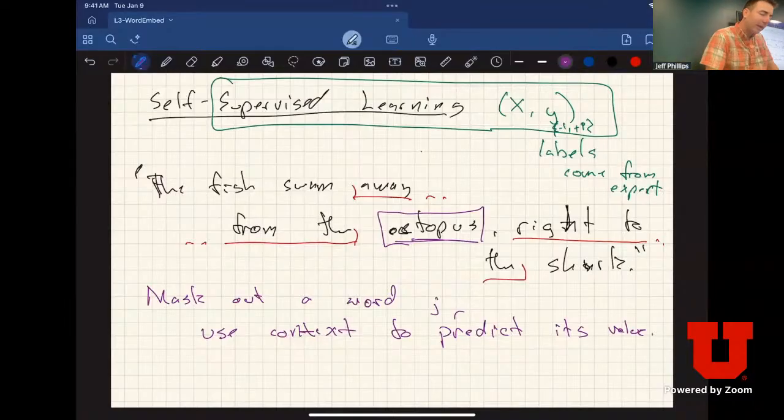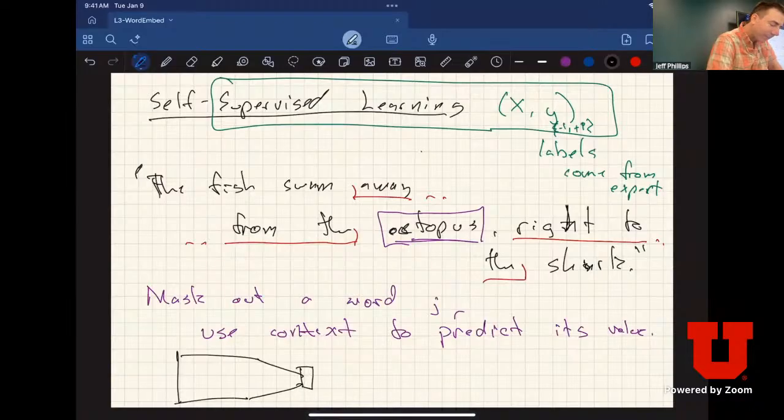Okay, and ultimately, there's going to be some large neural network that is going to go to a representation in R^D, let's say 300 dimensions. This is going to be not quite the output layer, but the last layer of the neural network, which is going to be 300 dimensions. Somehow it's going to take in a sequence of text and get here.